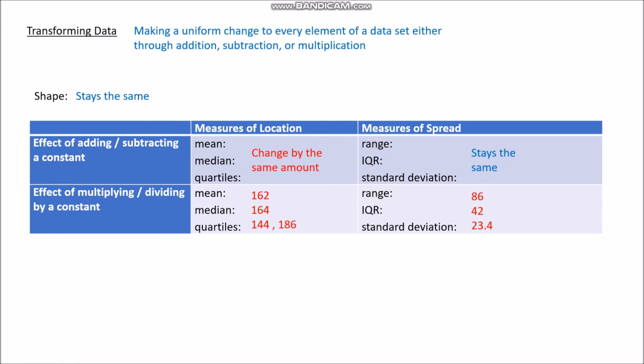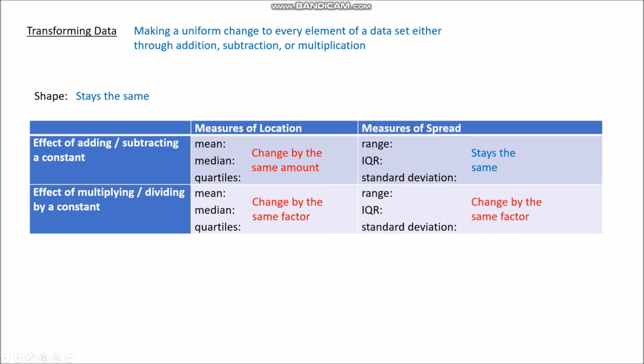So everybody got moved the same distance, so they have the same spread. Multiplying and dividing, we can see that the mean actually doubled, median doubled. So all these values changed by that factor of 2, as did the spread. The graph visually got more spread out, twice as spread out. So that showed up in our measures of spread as well.